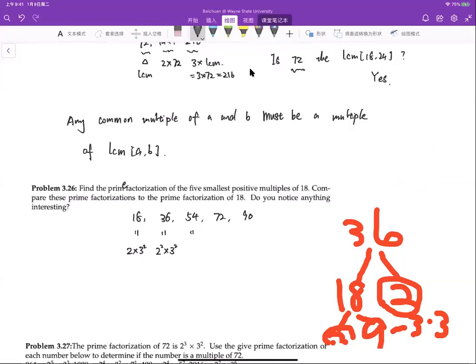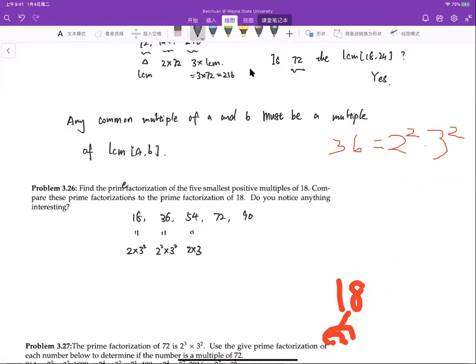No. So can you factor it? 54 goes into 2 and 27. So 27 is a power of 3, right? Then it equals 3 to the power of 3. Very good. So that's 2 times 3 cubed.